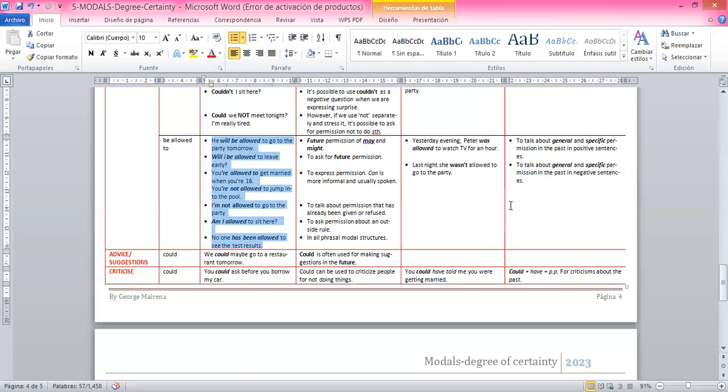I'm not allowed to go to the party. Am I allowed to sit here? No one has been allowed to see the test results. How many grammar tenses do we have there?